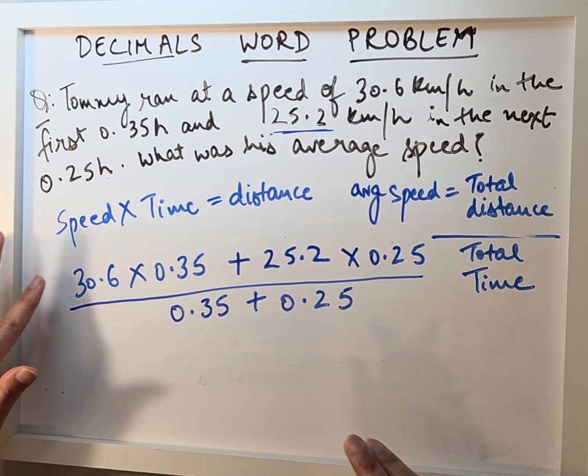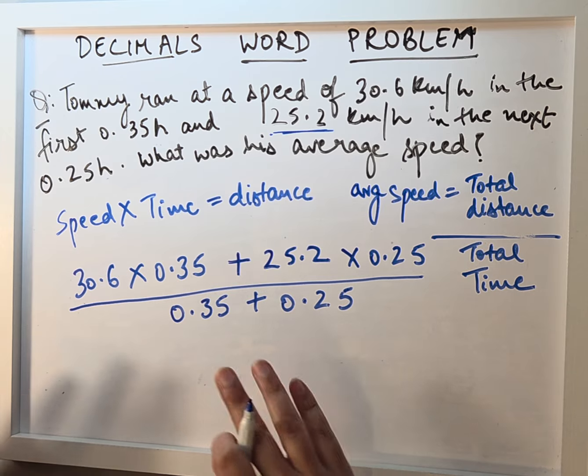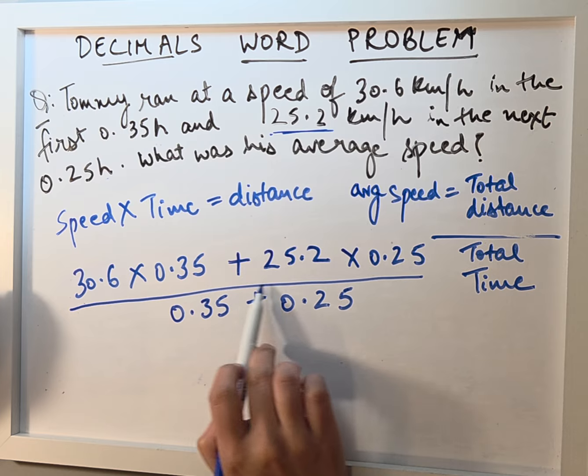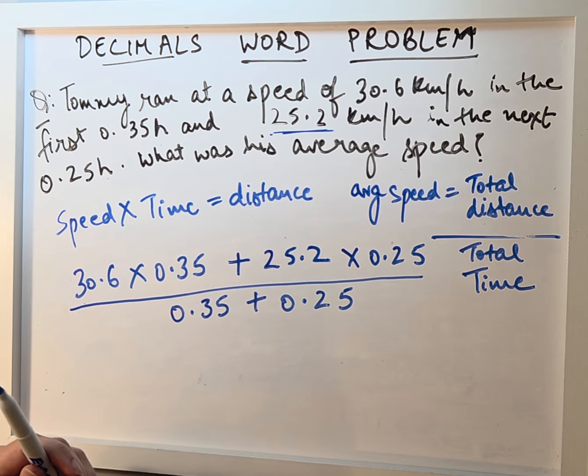So now let's try to solve one by one. In the numerator we have multiplication and addition. So what do we follow? PEDMAS. You can refer to the previous video we did about PEDMAS.